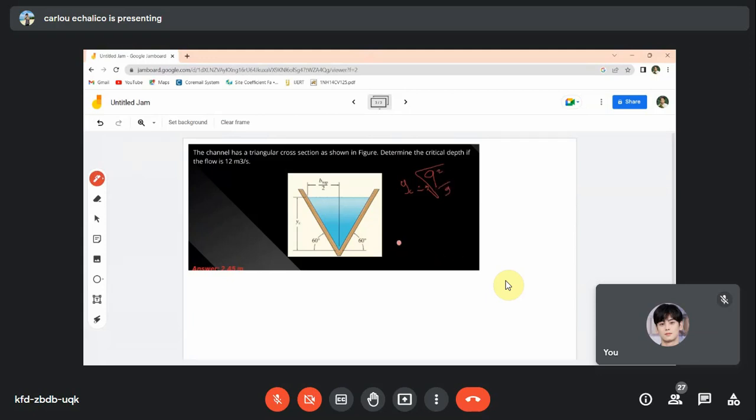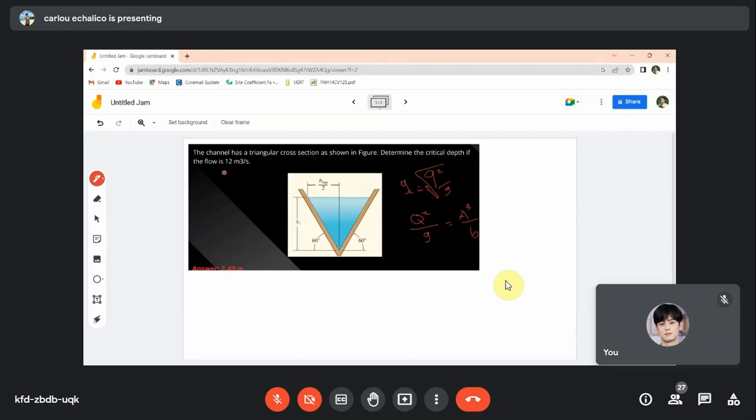So what about triangular, not rectangular? What we use now is Q squared over g equals A cubed over B, which we use for a non-rectangular channel.